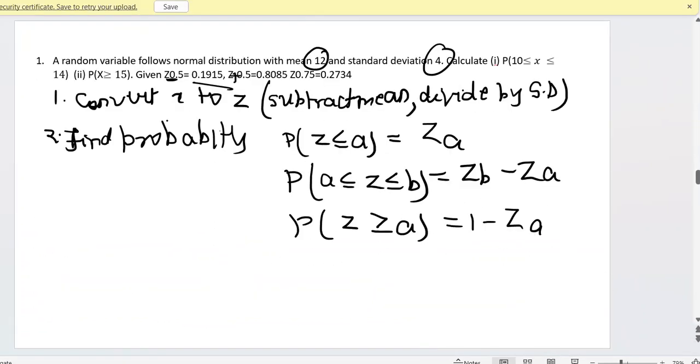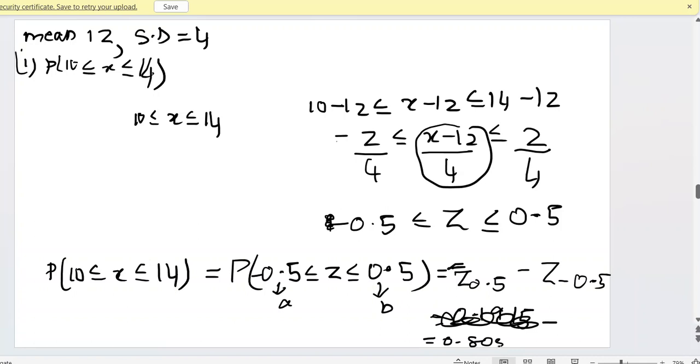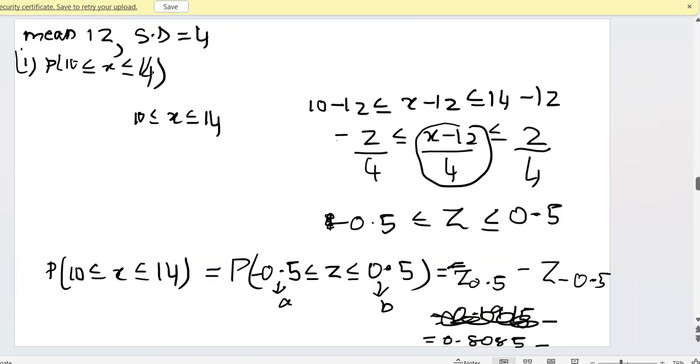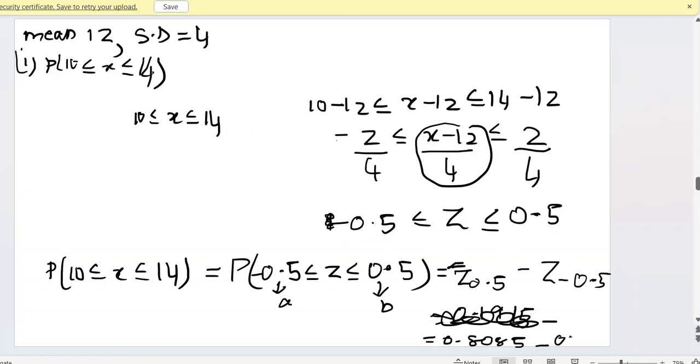So z of 0.5 is 0.8085, minus the other value, z of minus 0.5, which is 0.1915. Upon subtracting, you will get the required answer. You have to subtract using a calculator and get the answer. It depends on what value is given.